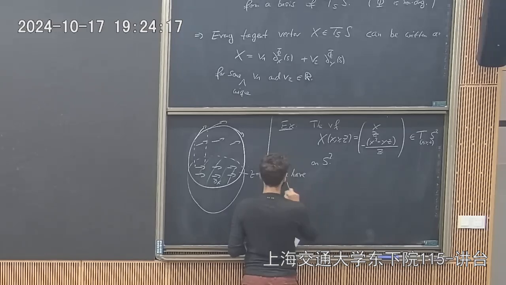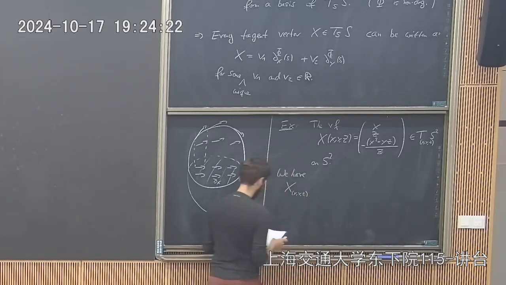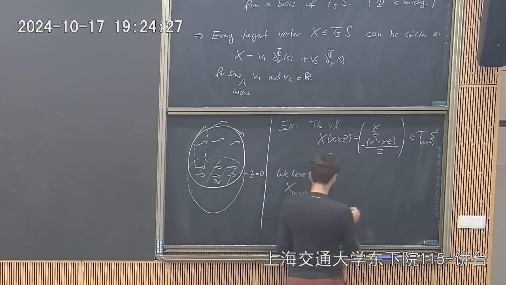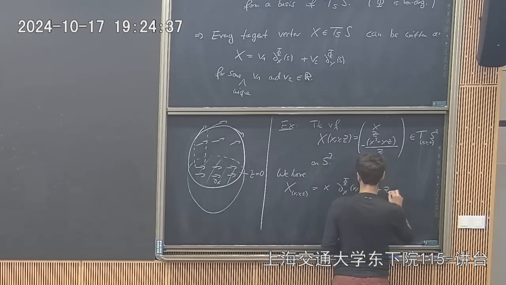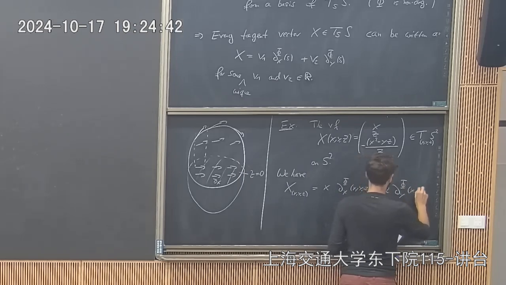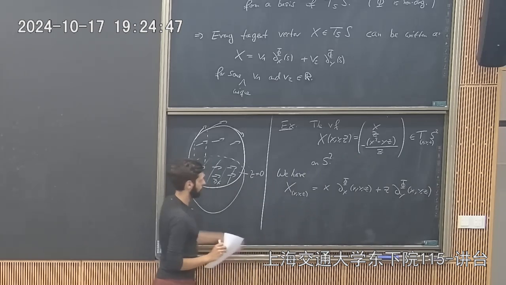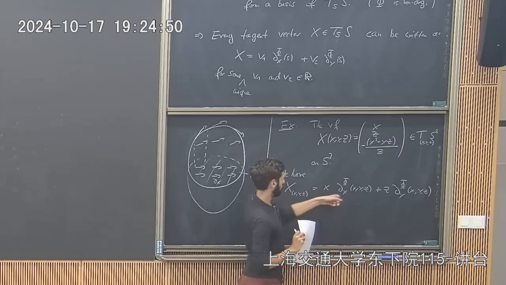What you can do is write this vector field as... essentially you just look at these vector fields d_x phi we calculated.